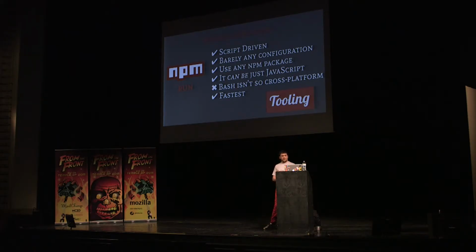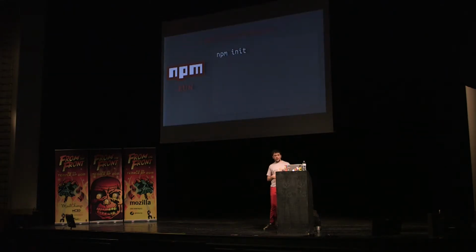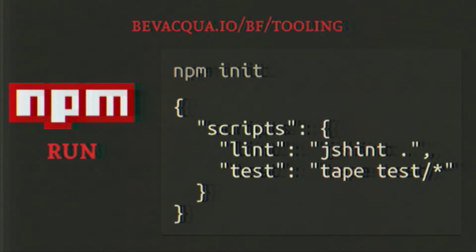So there's that. Like I said, there's no installation process in npm run. You just initialize the package.json manifest, and you set up the scripts property. And every key that you set in there is going to be run.